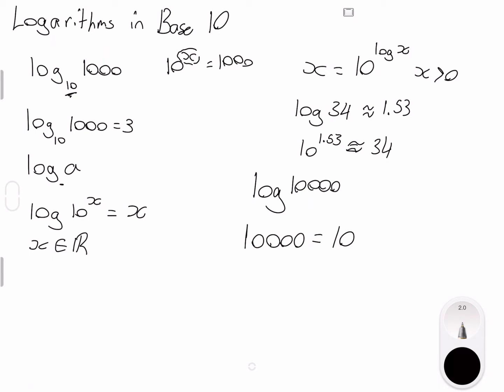Well, in this case, it's going to be 4. 10 times 10 is 100, times 10 is 1,000, times 10 is 10,000. So that means that the log of 10,000 is equal to 4.